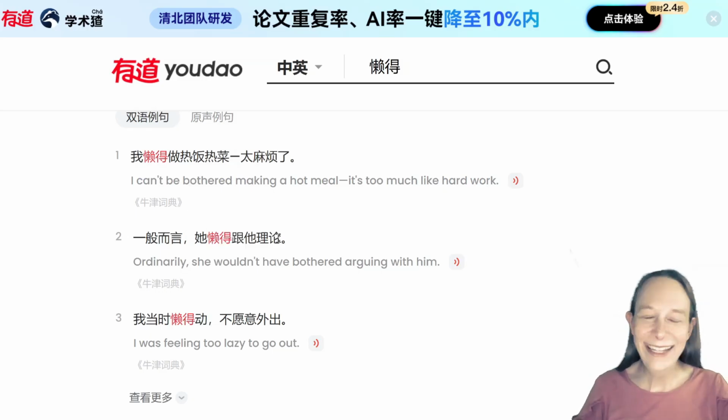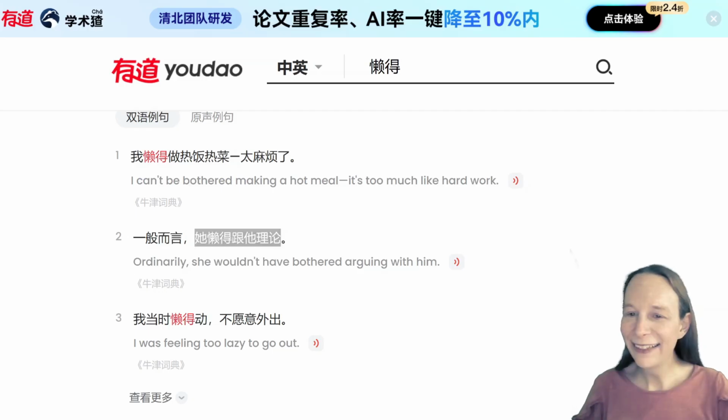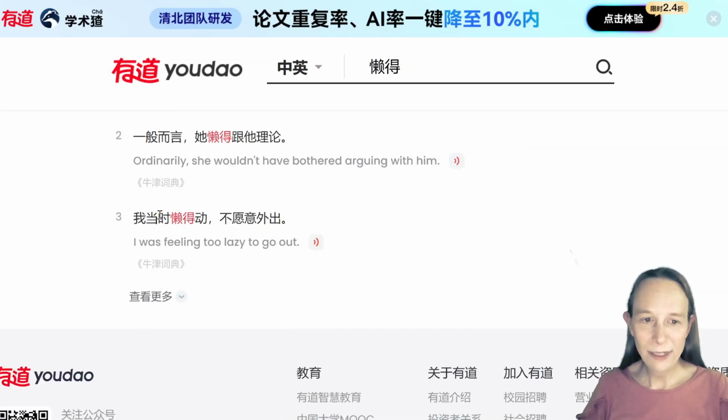She's disinclined to acquiesce to his request. 他懒得做热饭热菜. So he's disinclined to cook hot food. 我当时懒得动, disinclined to move.